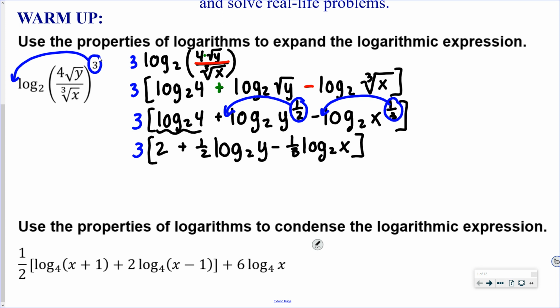And then I'd finish by distributing 3 through. So my final answer should be 6 plus 3 halves log base 2 of y minus 1 log base 2 of x.